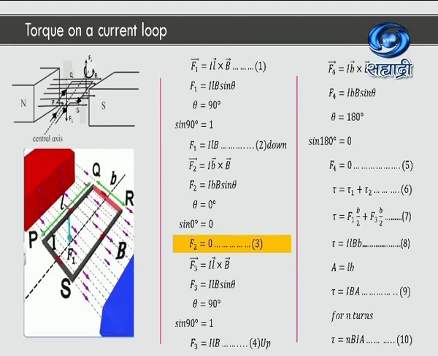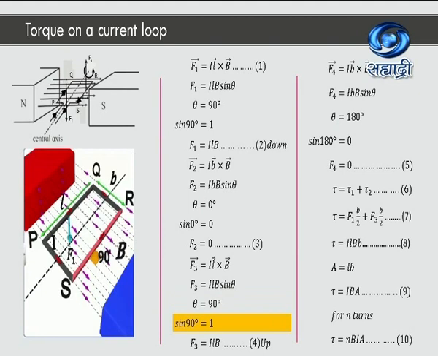Now let us move on to the other side then, which is RS. So let me show you here. Can you see the RS length, the third side of this rectangular loop? Current is going from R to S. Its length is L. If magnetic force acting on this side is denoted by F3, then F3 must be equal to I vector L cross vector B, which is nothing but F3 equal to ILB sine theta.